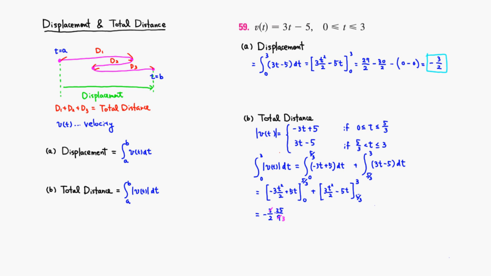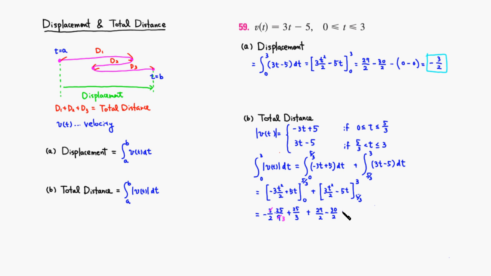Then plus 5 times 5/3, which is 25 over 3. Minus, if you plug in 0, it's 0, so I'm not going to write that down. Plus, plugging in 3, it's 27 over 2 minus 15, which I'm going to write as 30 over 2.